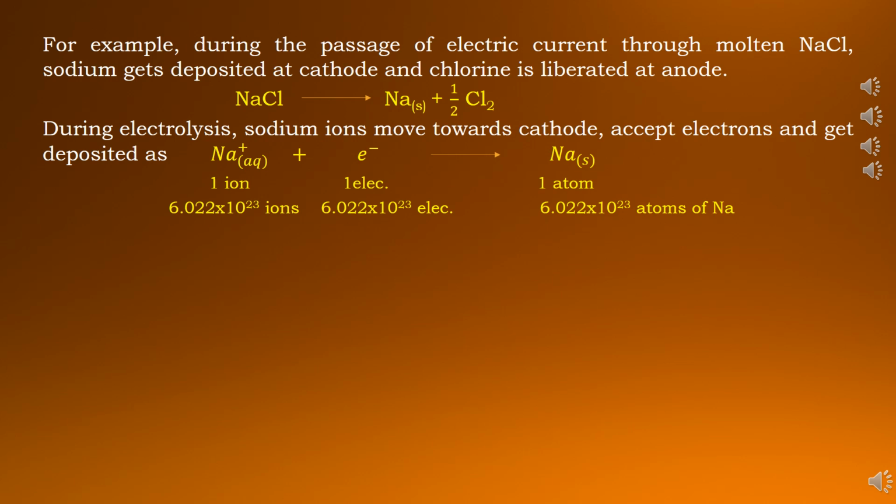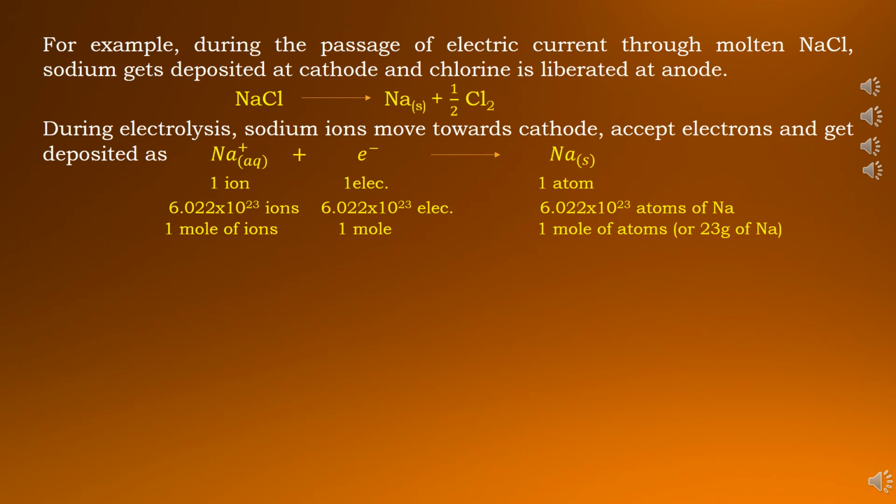Or in other words, as we know, Avogadro number of entities is equivalent to 1 mole. That means 1 mole of sodium ions by gaining 1 mole of electrons changes into 1 mole of sodium atoms, or we can say 23 grams of sodium, because 1 mole is equivalent to the gram atomic weight.